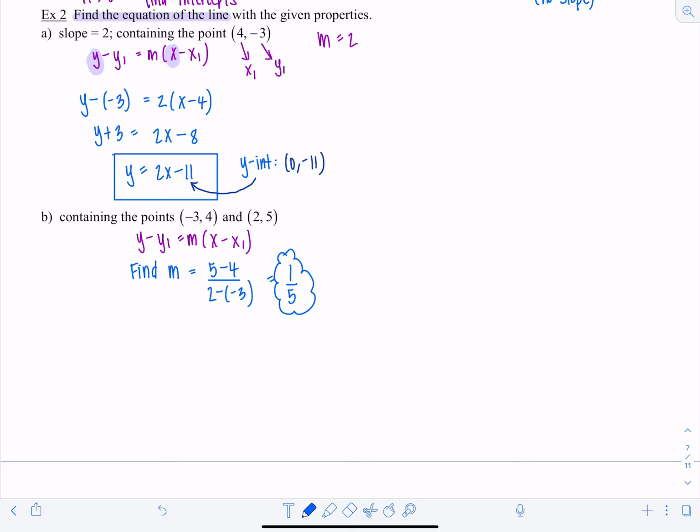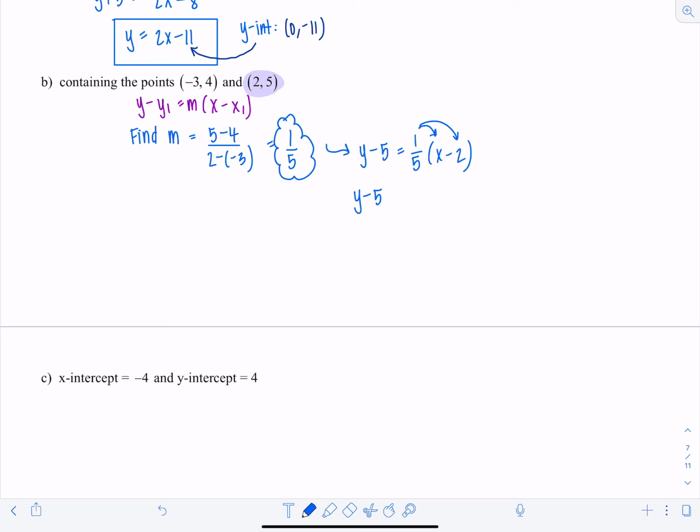So here we go. So I'm going to have y minus 5 equals m, which is 1/5, times x minus 2. All right, and then let's go ahead, distribute, clean up. So we've got y minus 5 equals 1/5 x minus 2/5.